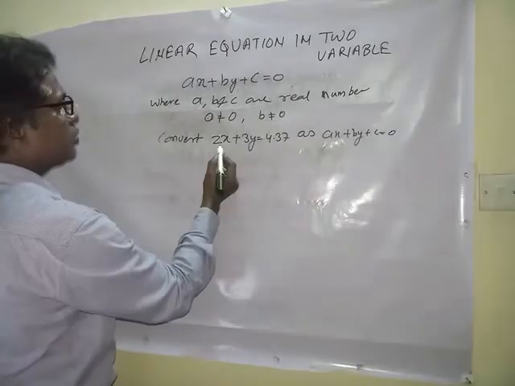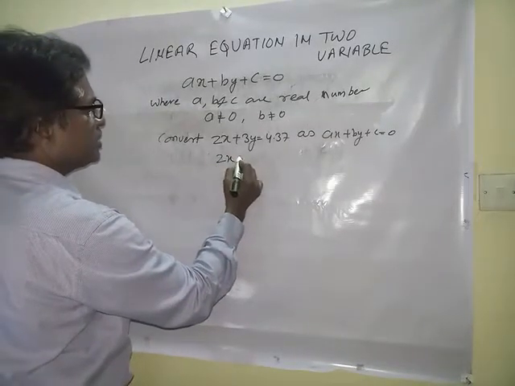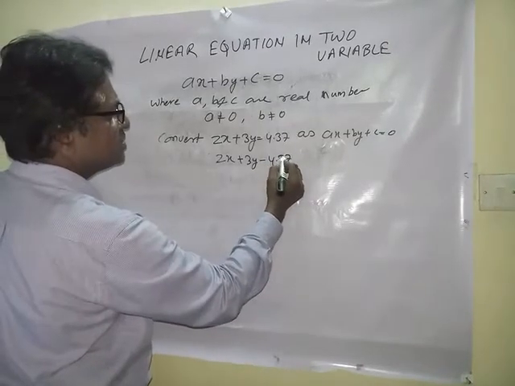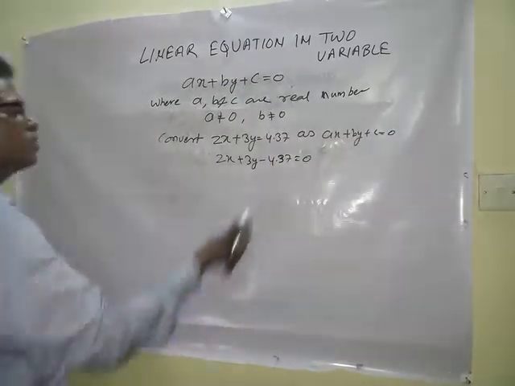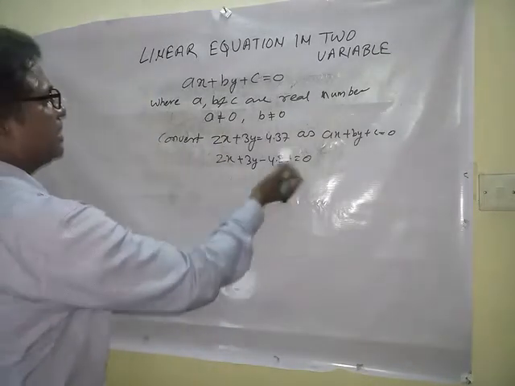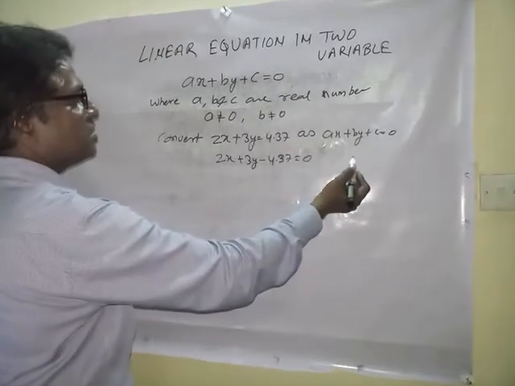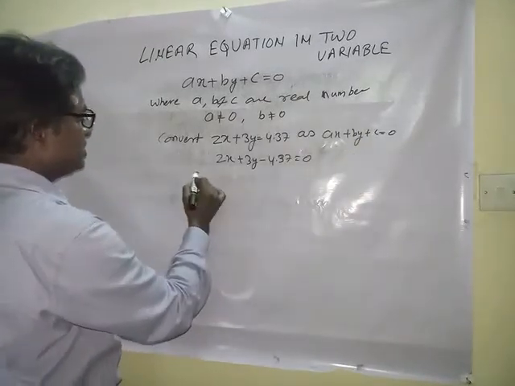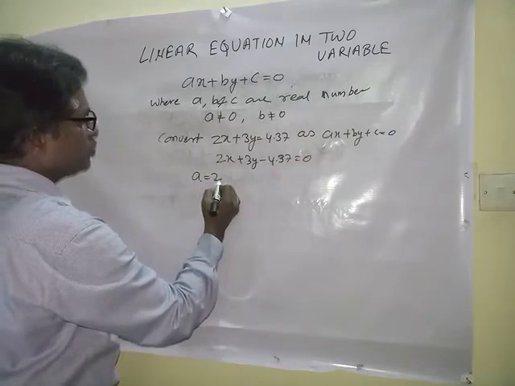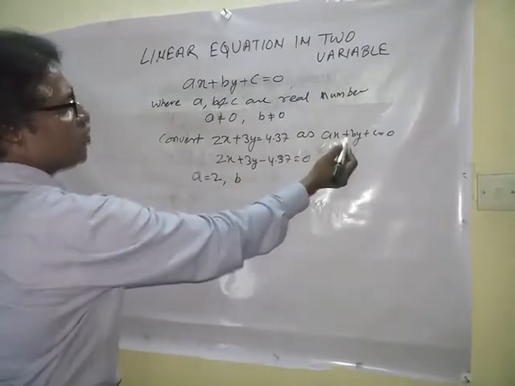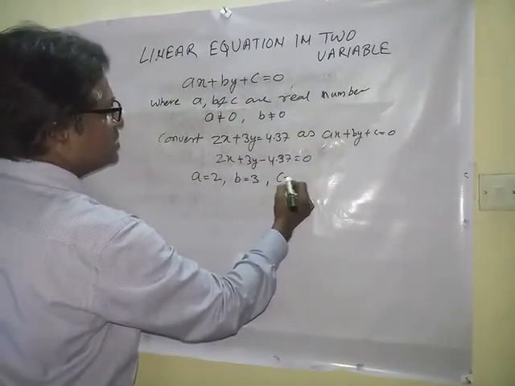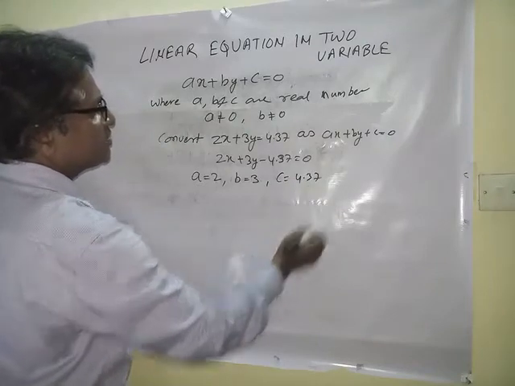So ax is 2x, so you have to convert it to 2x plus 3y minus 4.37 equal to 0. That is your answer. And if the question again asks to determine the value of a, b and c, then a is the coefficient of x, so here it is 2, b is the coefficient of y, so here it is 3, and c is equal to minus 4.37.